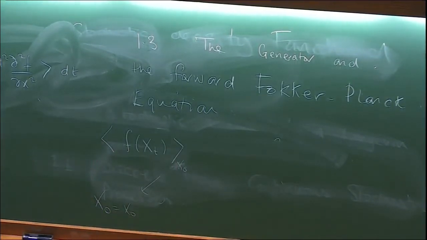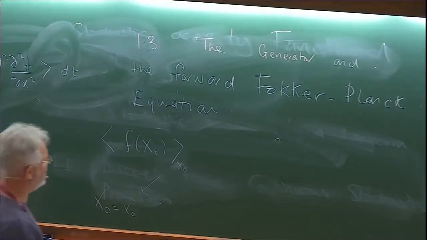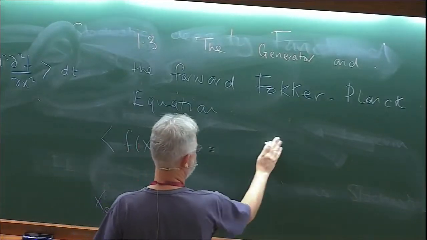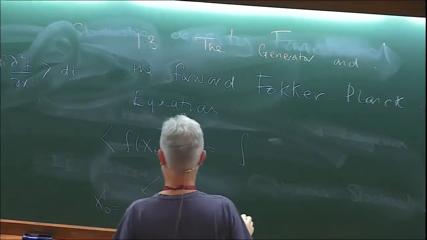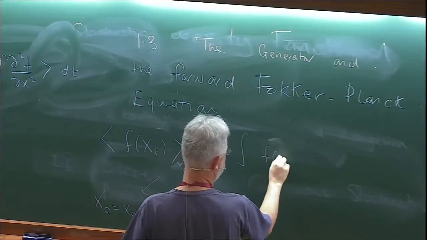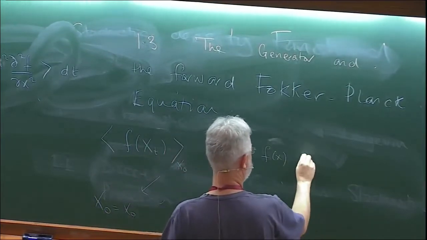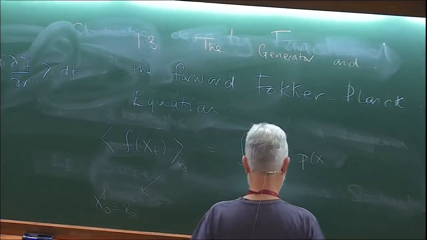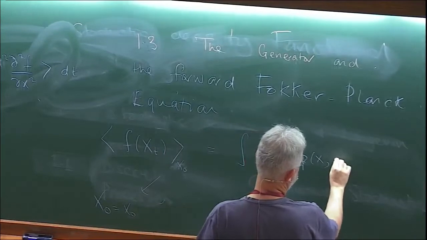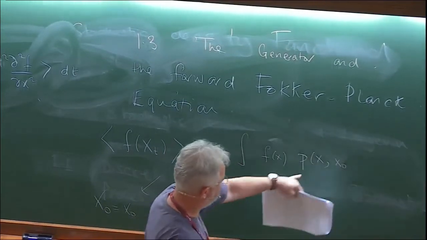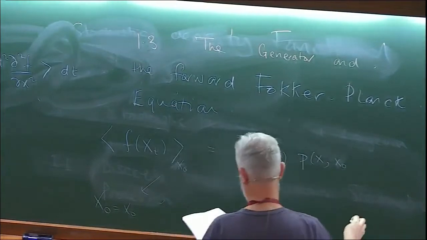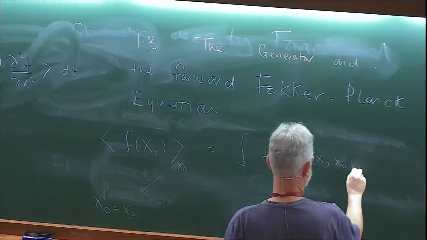So if I know the probability density function, right? In principle I can say, well, I know how to compute this. I want to calculate the average value of some function f of x, right? I take the probability distribution to be at x, given I started at x0, okay? So this is the probability density conditioned on starting at x0, and I have to look at the time t.